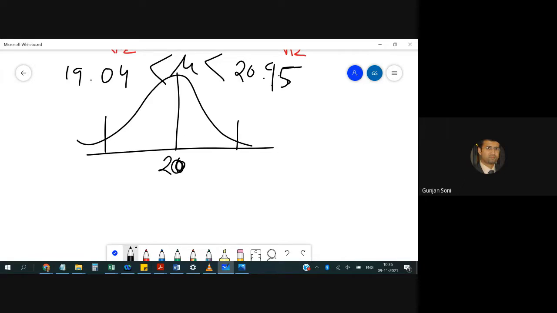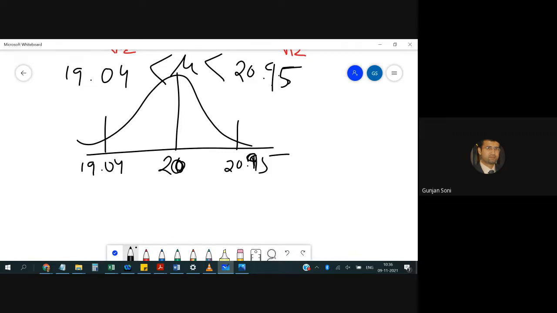The observations might vary between 19.04 and 20.95. 95% of the time, at least 95% of the time, the values of my measurements are going to lie between 19.04 and 20.95. So are you okay with this?